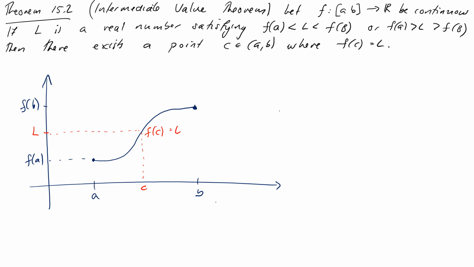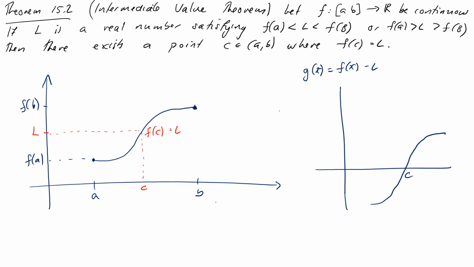You could see that we could simplify this slightly by shifting the whole thing down a wee bit. So if I instead just move these down, I define g of x to equal f of x minus L, then the same picture shifted down will look a bit like this one here.